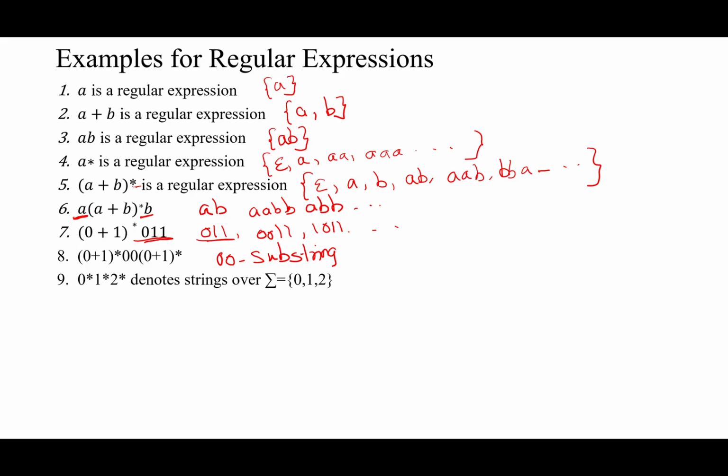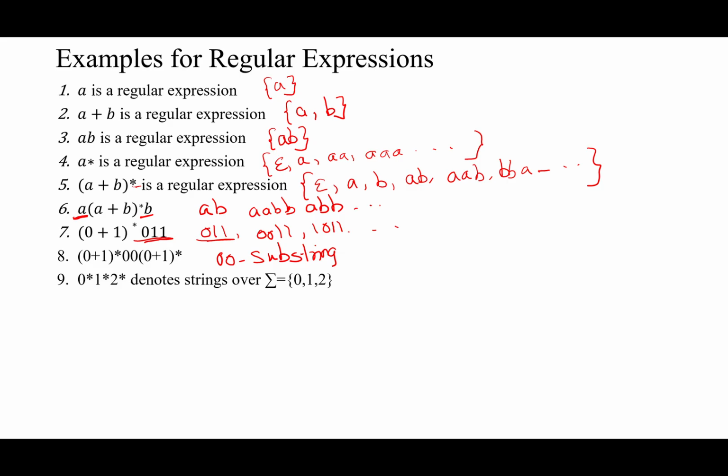The next one, 0 star, 1 star, 2 star. It denotes the strings over sigma of 0, 1, 2. Here we have any number of 0s followed by any number of 1s followed by any number of 2s.